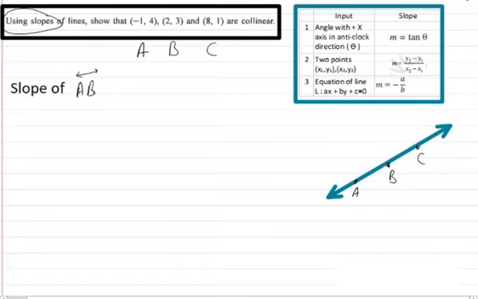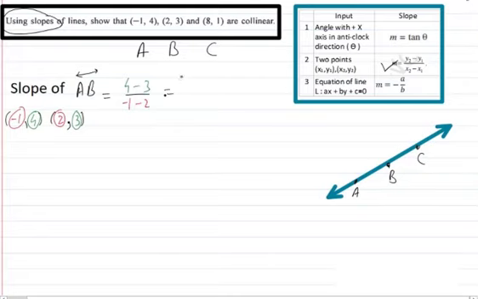First of all, let's find the slope of AB, and the coordinates are (-1, 4) and (2, 3), right? Now we have 2 points, so we will use m is equal to difference of y upon difference of x. So let's take the difference of y, 4 minus 3, upon the difference of x, -1 minus 2.